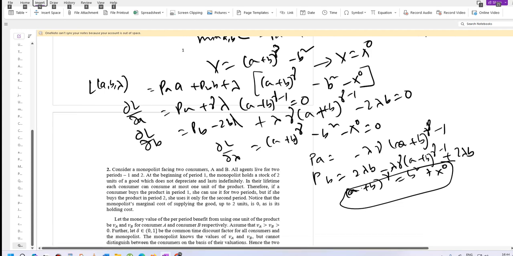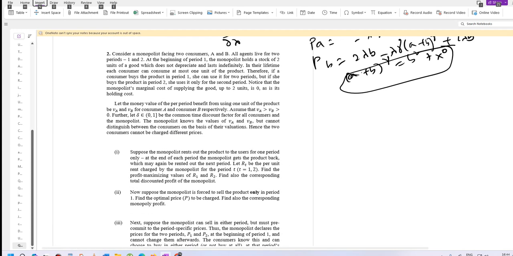Substituting this into pb, we get that pb equals gamma times x0 to the power of (gamma minus 1) by gamma times lambda. What a long calculation here, and we are about to end.